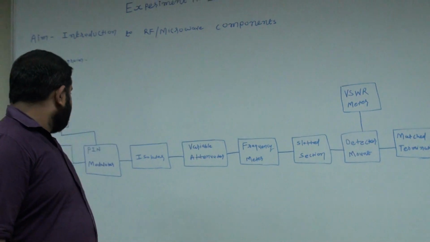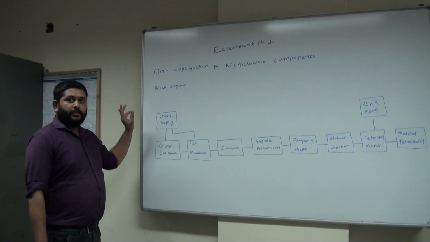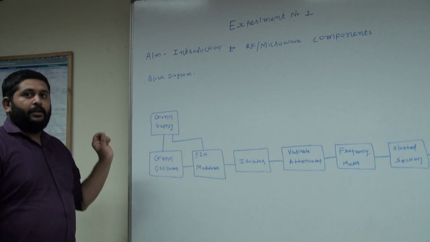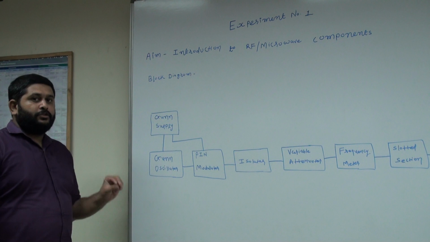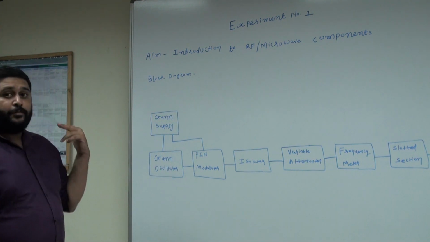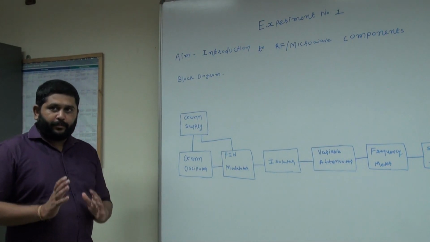And this gunn supply is a DC low voltage power supply. The voltage range is 0 to 10 volts. Another power supply is also available, that one is the klystron power supply.